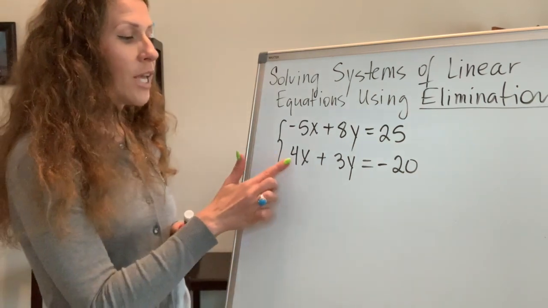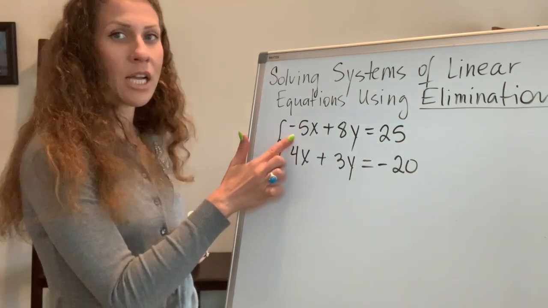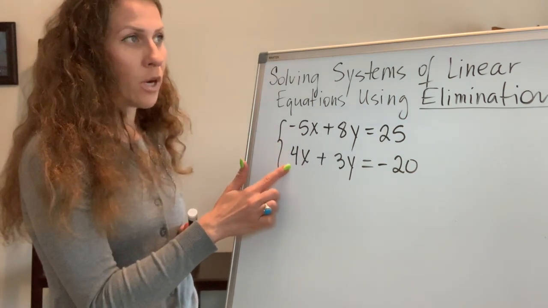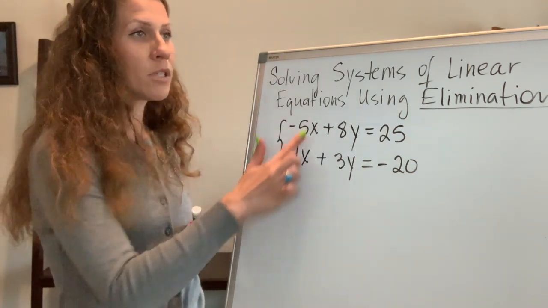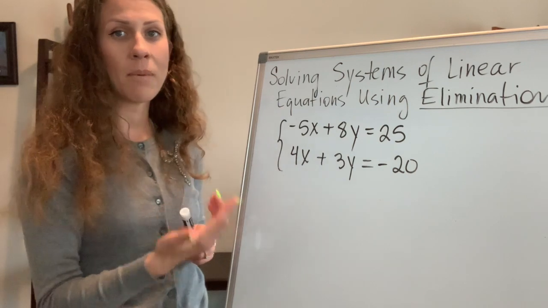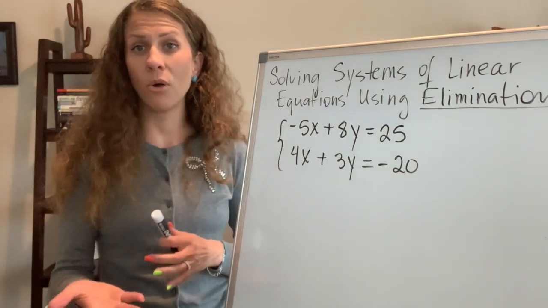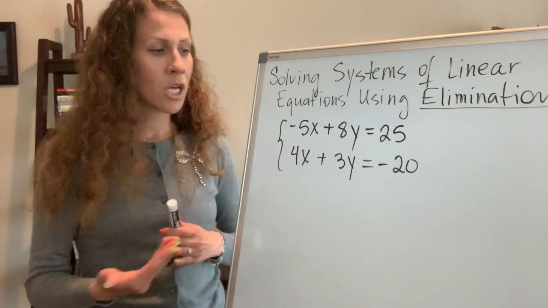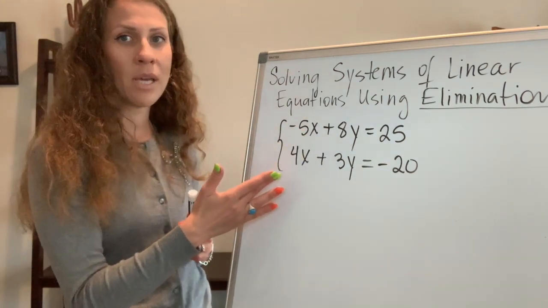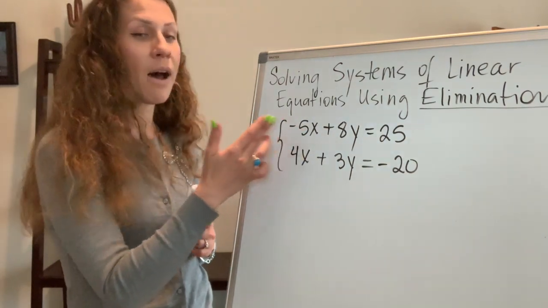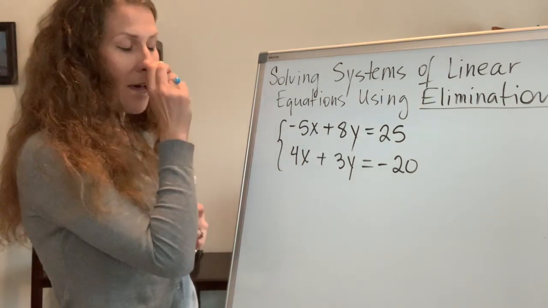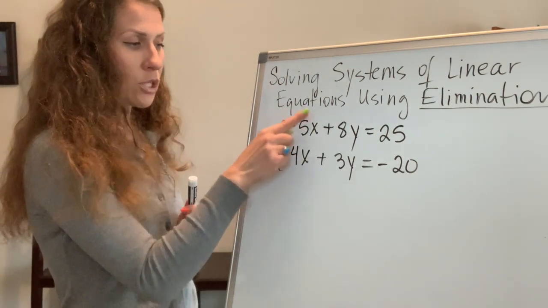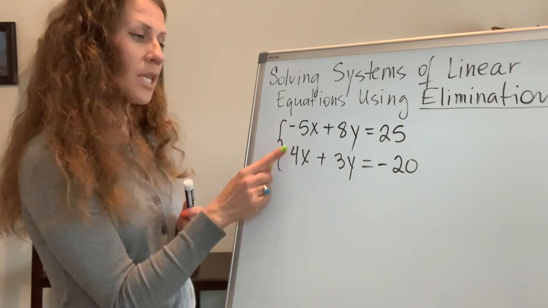So next to the x's, I currently have a -5 and a +4. So I need to make these numbers to be the same but opposite in signs. Well, good news is they are already opposite in signs, but I just need to make them the same. So it looks like it's probably easy to make a 4 into a 20 and a 5 into a 20. And then I will have a negative 20 next to this x and a positive 20 next to this x.